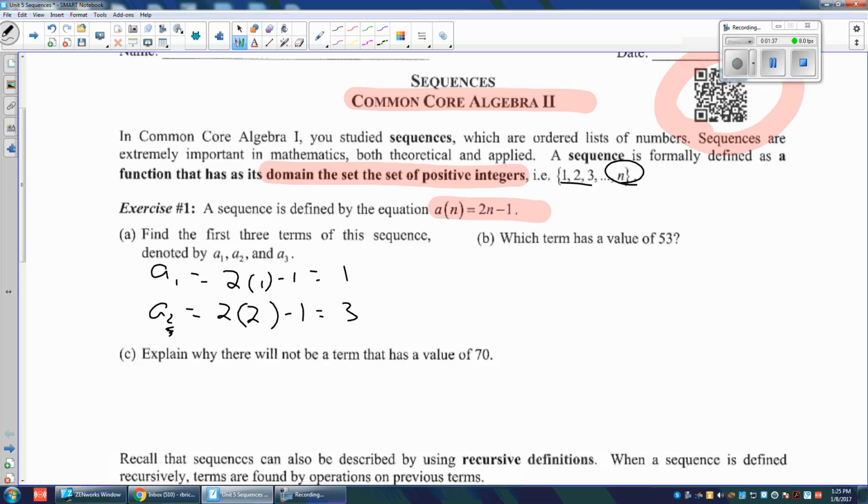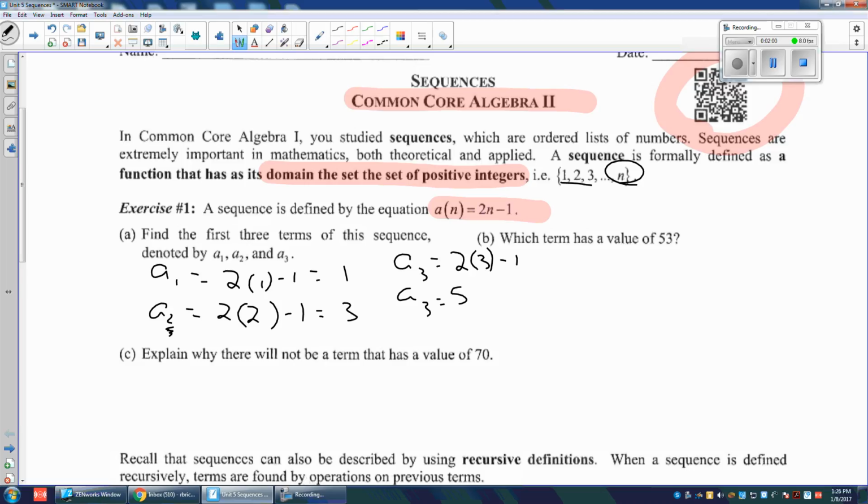Now, a sub 3, or a of 3, is 2 times what? Everywhere I see an n, I'm going to put a 3, then minus 1. 6 minus 1, a sub 3 is 5. I'm writing the 3 lower than the a. It's a subscript.